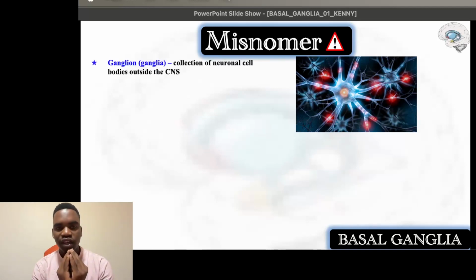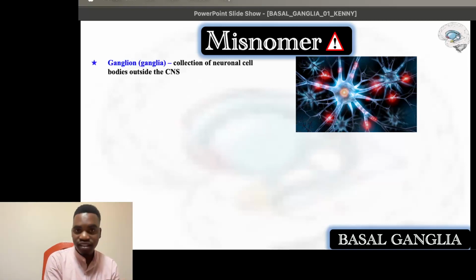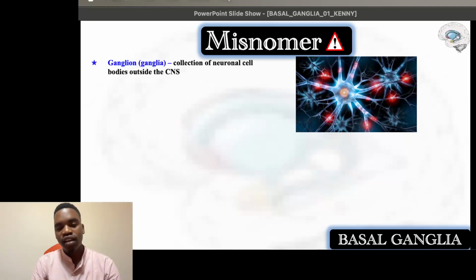That is what we call a ganglion, or ganglia in plural. And remember, the central nervous system means the brain and the spinal cord. We can also have collections of neuronal cell bodies within the central nervous system, and these we call a nucleus.